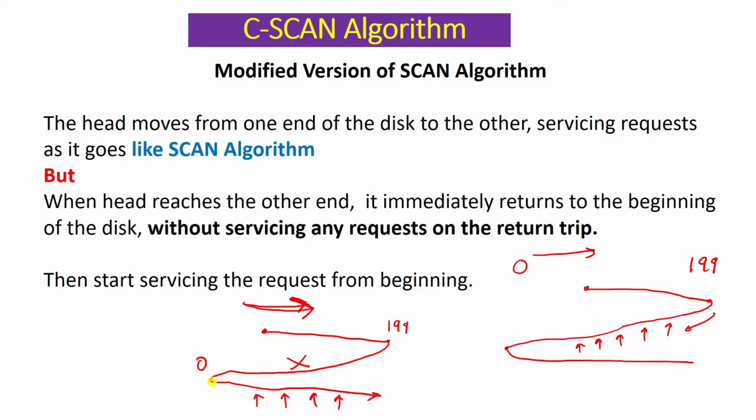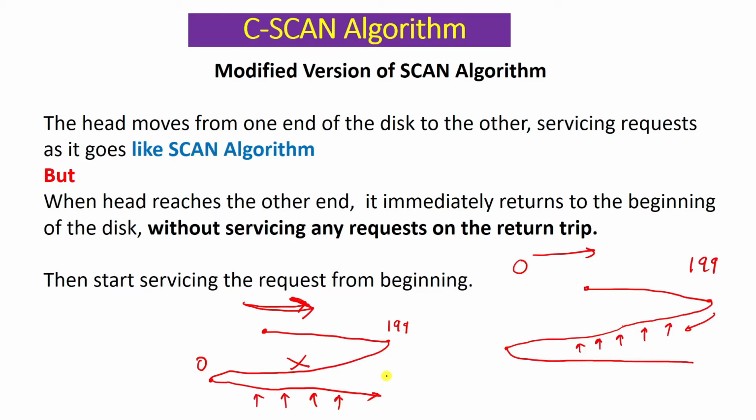Again we will start from the 0th cylinder and move from the 0th cylinder to the highest cylinder numbers, and in between whatever requests are coming, we will service them. In this return journey we will not service any request, but in scan we were servicing the requests. This is the main difference between the C-scan and the scan algorithm.